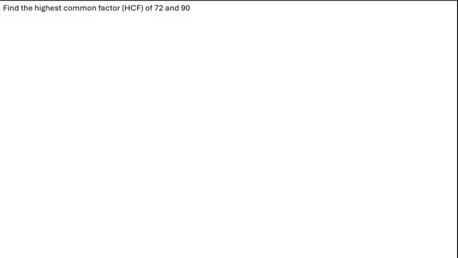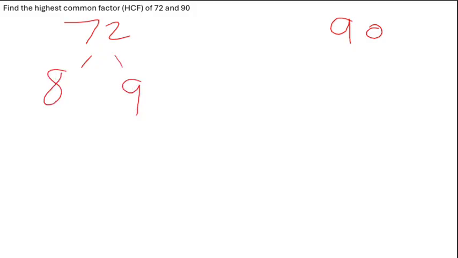Okay, so what we're going to do, write our numbers out. So I've got 72 and 90. I can do 8 times 9, 72.